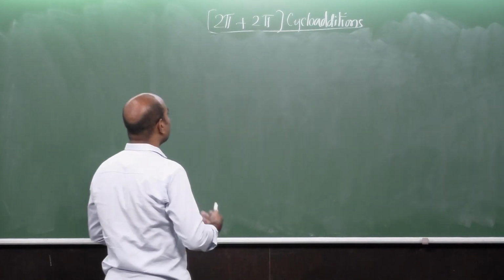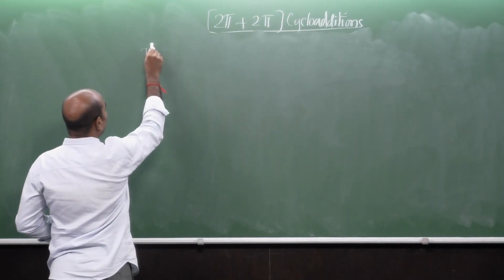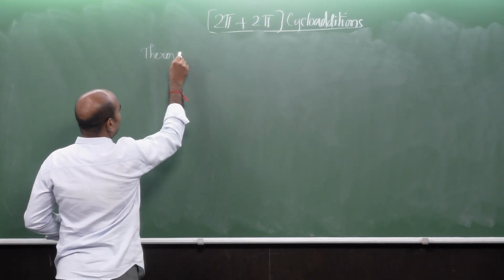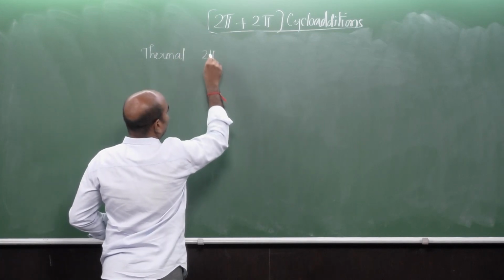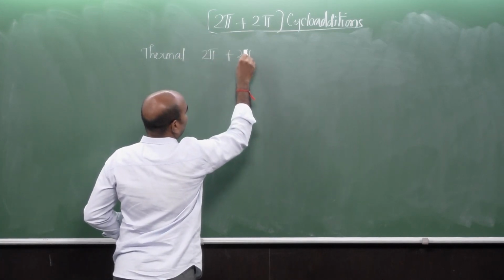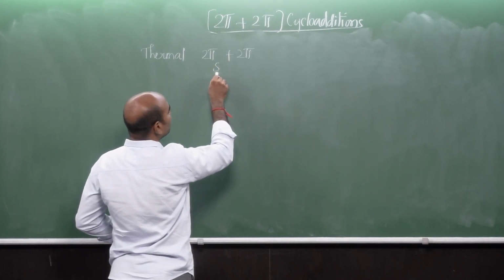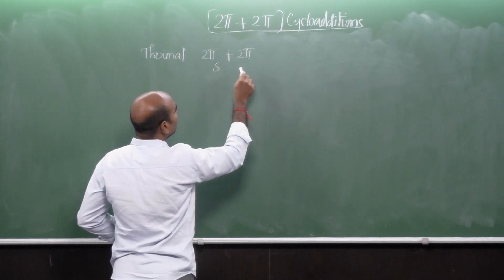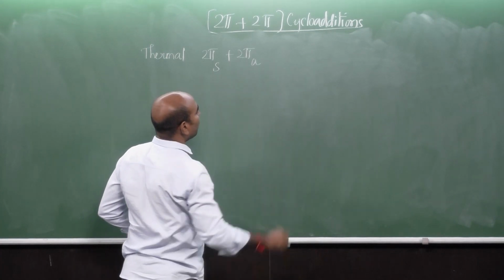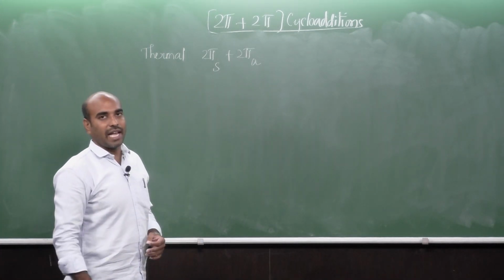So, as discussed many times, thermal 2π plus 2π cycloaddition reactions are allowed only if the first partner, that is the alkene, is a supra partner and the second partner, that is the ketene, is an antara partner.